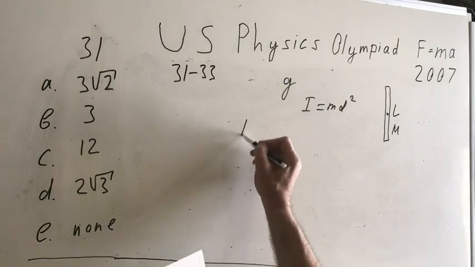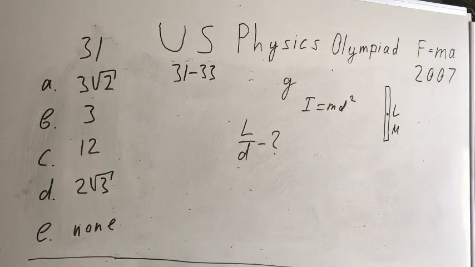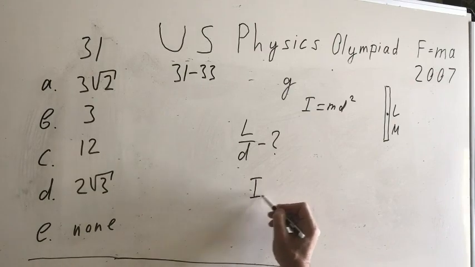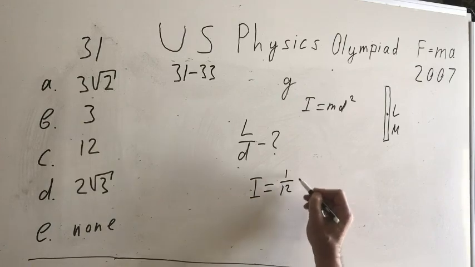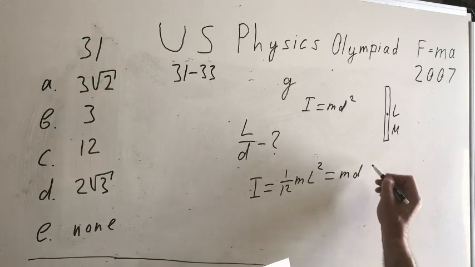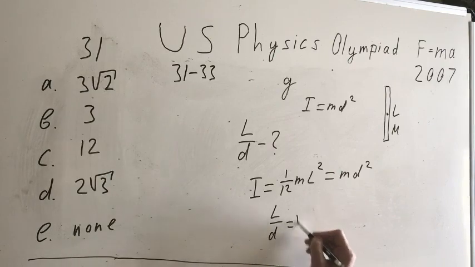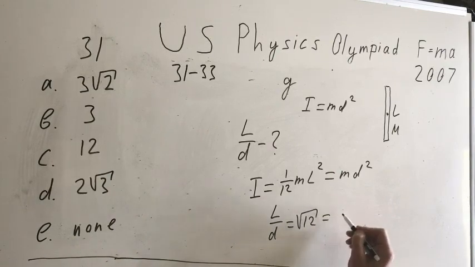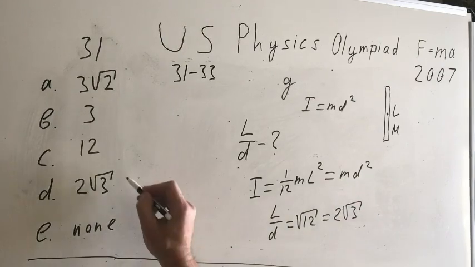Find the ratio L over D. We can solve this problem if we know that the moment of inertia equals 1 over 12 m L square, which equals md square, and from here we see that L over D equals root of 12, which is 2 root 3, and the correct answer is D.